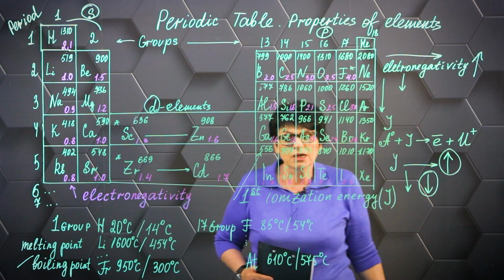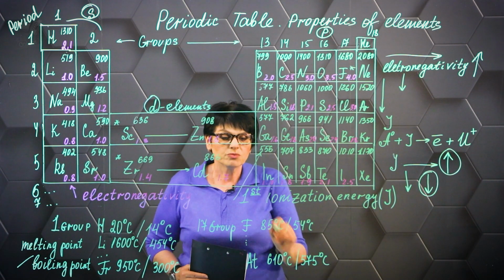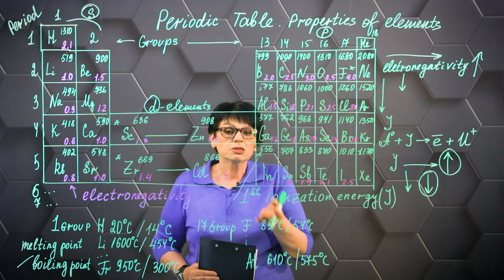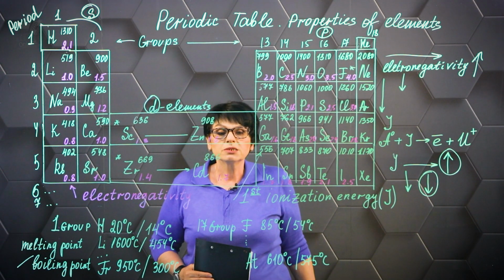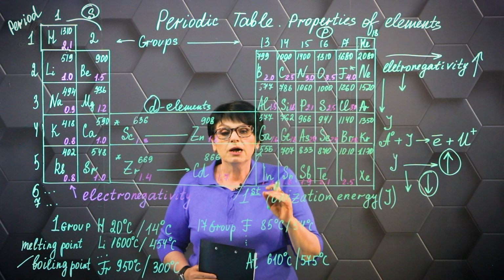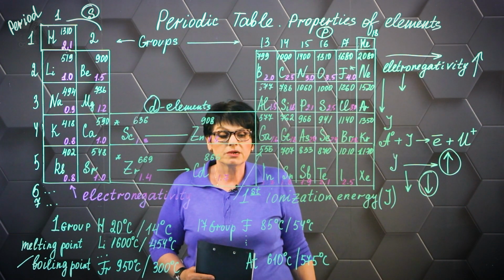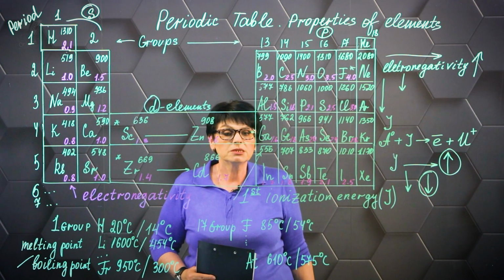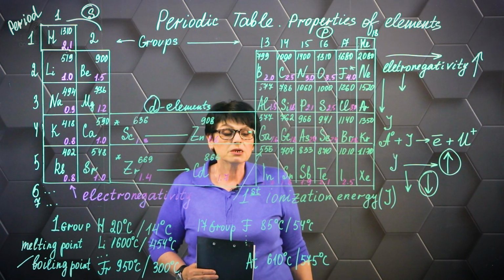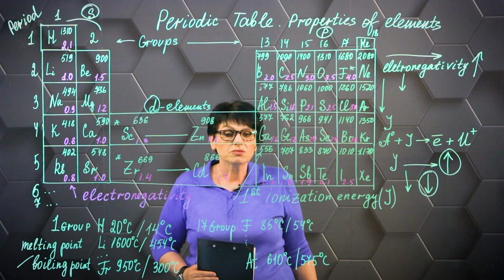Now I would like to clarify why we are talking about the first energy of ionization. A first energy means the detachment of one electron. If the elements have several such electrons, there is a value of detachment of the second electron. It is called the second ionization energy, the third, and so on. You can see such values in the reference data, which you can also compare.